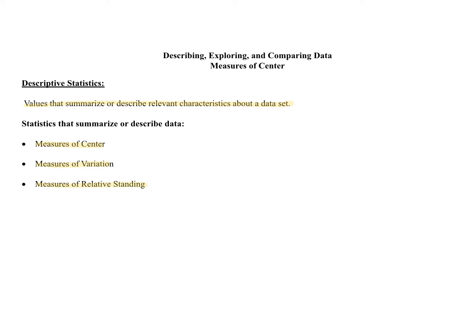So what are some different measures of center? Measures of center include values such as your sample mean, your median, mode, and mid-range. So let's remind ourselves of what a mean is.